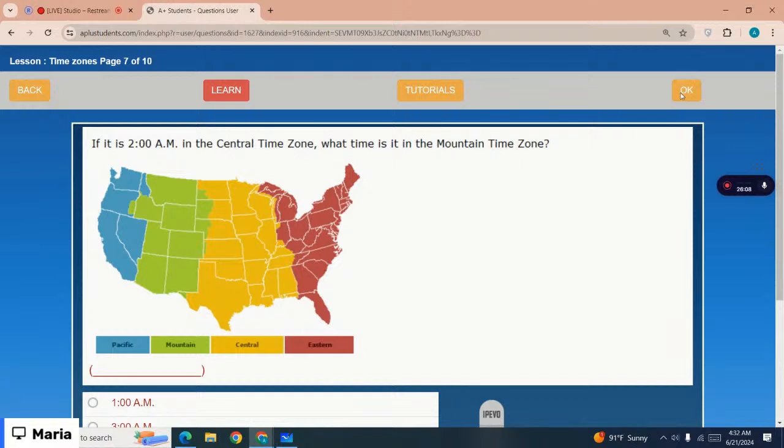You have to go 2 hours back. That would be 1 a.m. The correct option is 1 a.m.